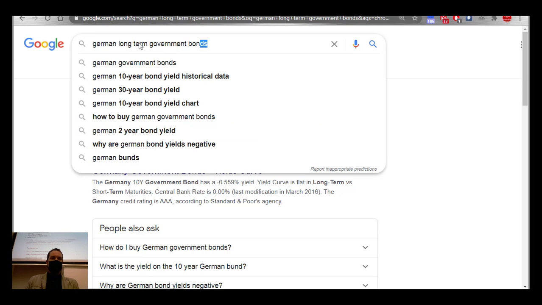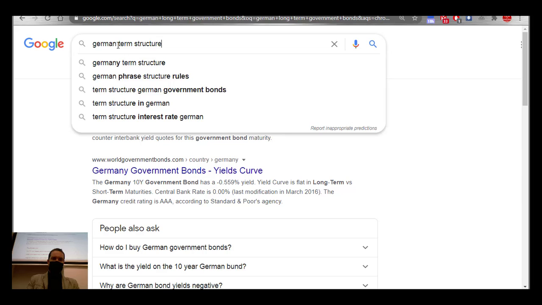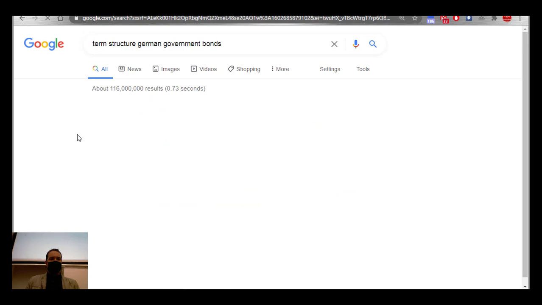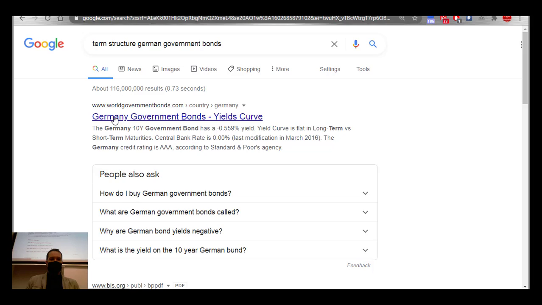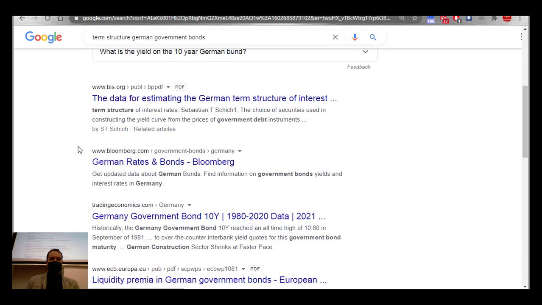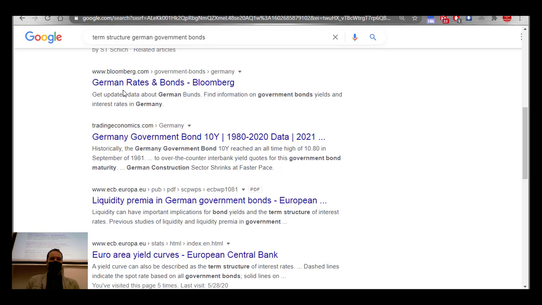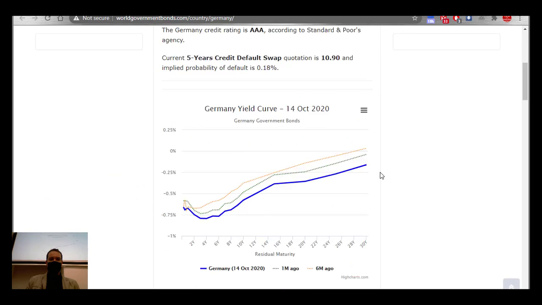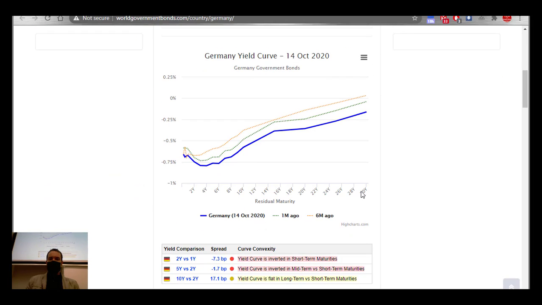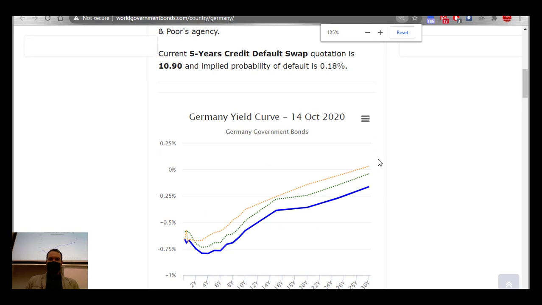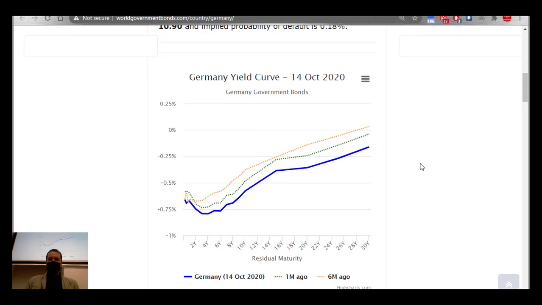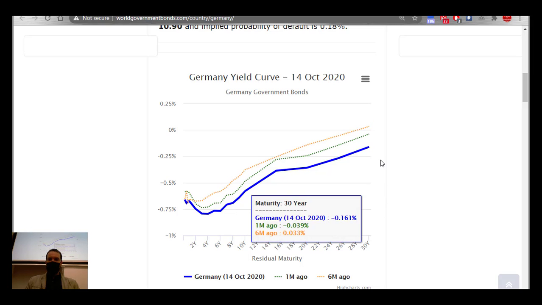Here the term structure of German bonds is only from 1 year to 30 years, so it's not that long, but I know that several years ago they issued really long bonds, for half a century.